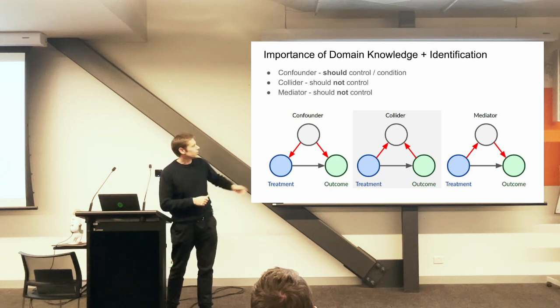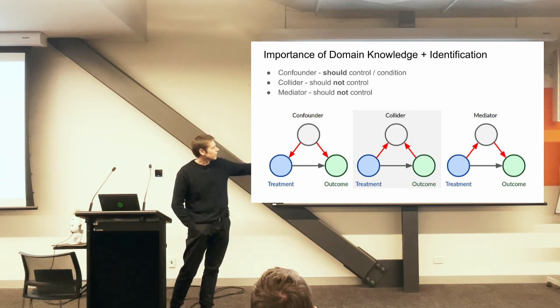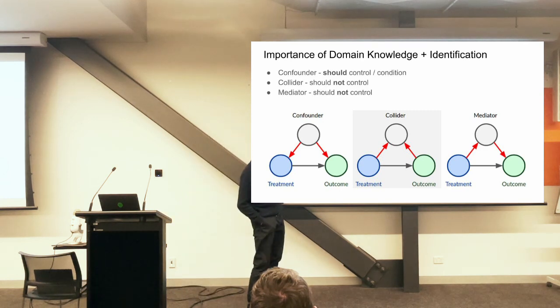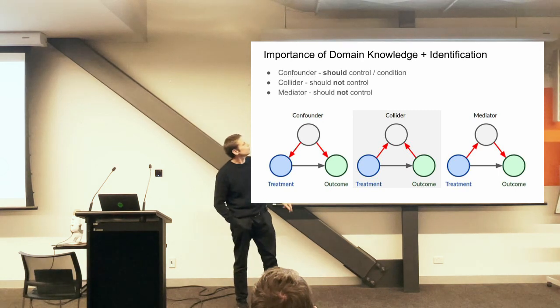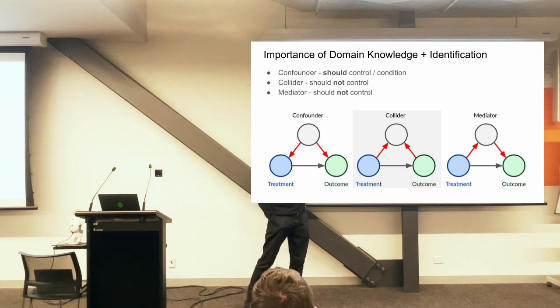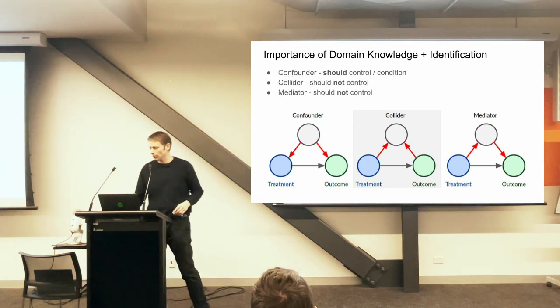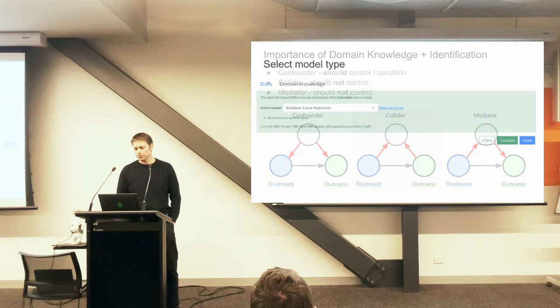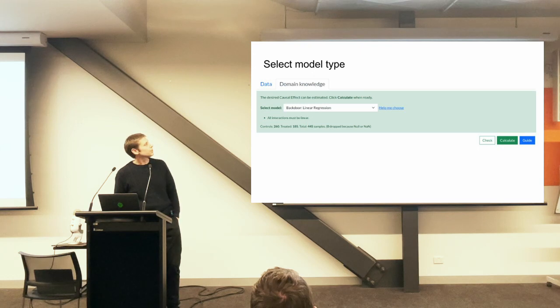So there's a bit of intuition here. In some scenarios there's a confounder variable, where the arrows come from that variable and affect both the treatment and the outcome. In that case, you should control. A collider is one where this variable is affected by both the treatment and the outcome. And in that case, you shouldn't control for that variable. So all of that's worked out for you. You select a model and you get a result.